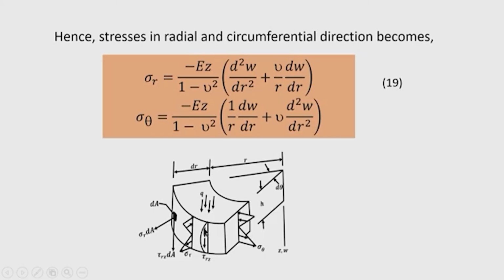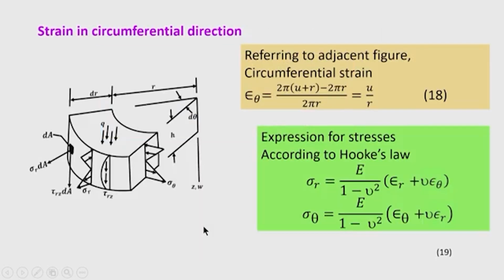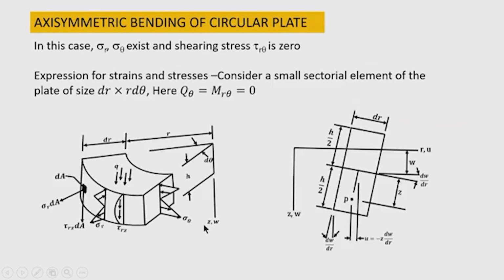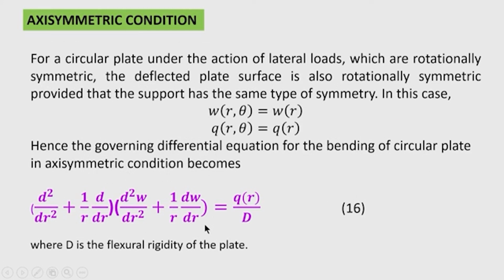Okay. So, we have already obtained the differential equation of the bending of circular plates under axisymmetrical condition. So, this equation is valid. You can directly use this equation to solve the axisymmetrical problem of a circular plate.